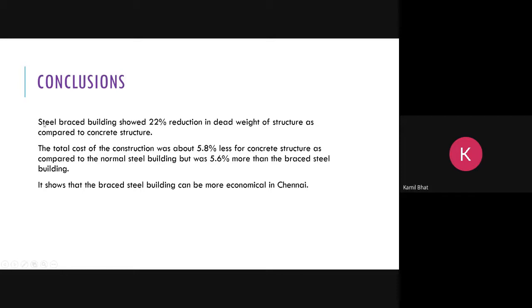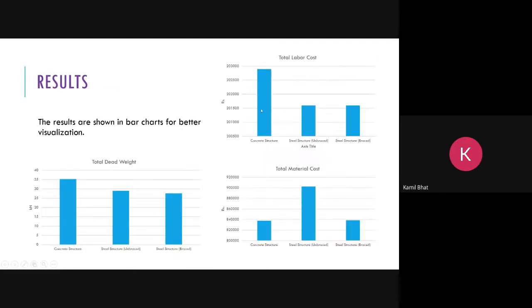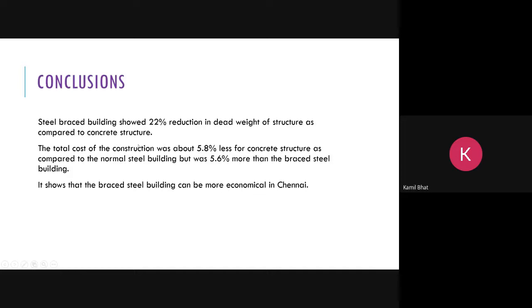Based on this, we can draw the conclusion that steel braced building showed 22% reduction in dead weight as compared to concrete structure, and total cost of construction was also 5.6% less for braced steel structure as compared to concrete structure, which shows that braced steel structures can be used as economical alternatives for concrete structures.